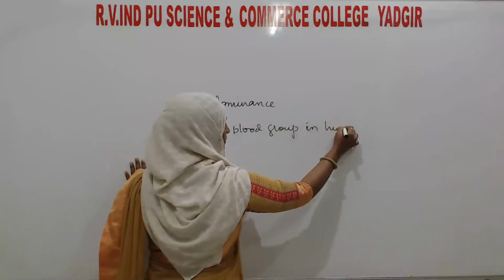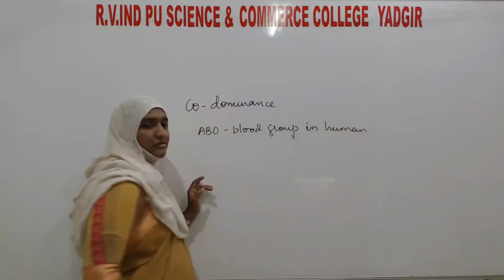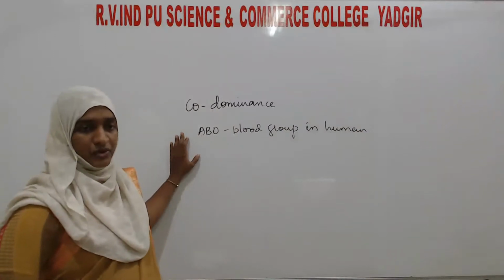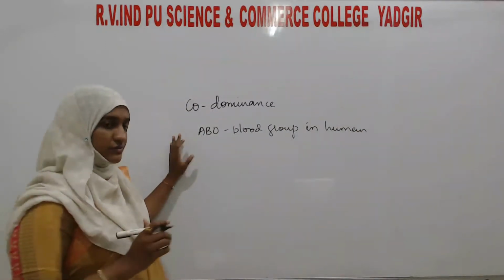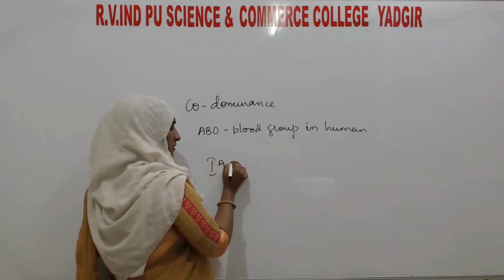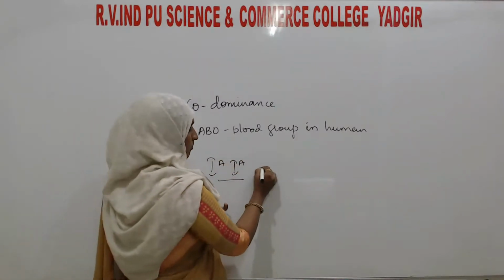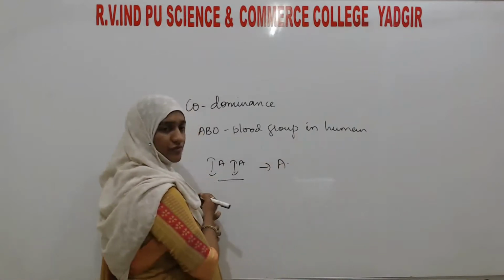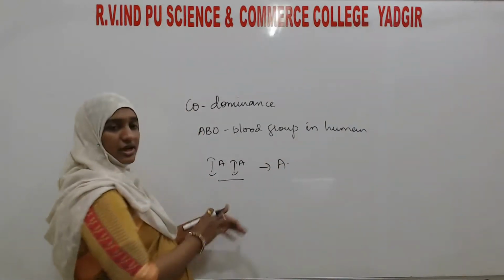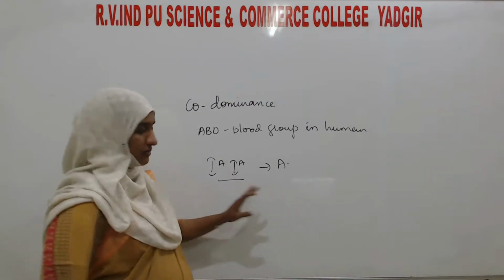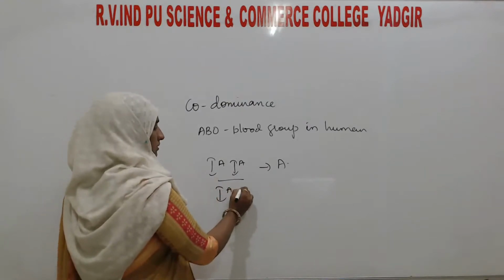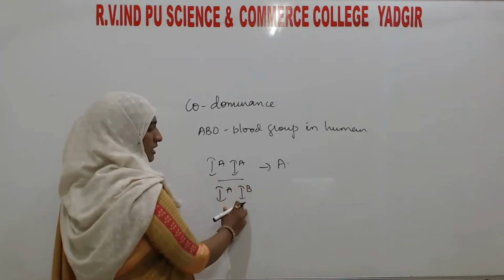In human beings, this example we have taken: the genes IA and IA, these two alleles will give a particular blood group, the A phenotype. This is the genotype, this is the phenotype. Then IA, IB.